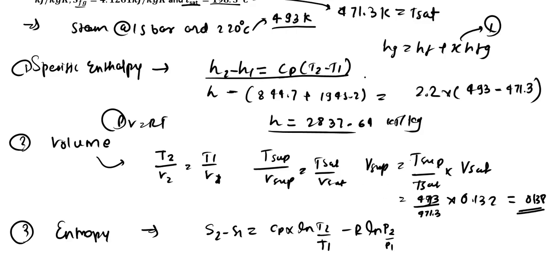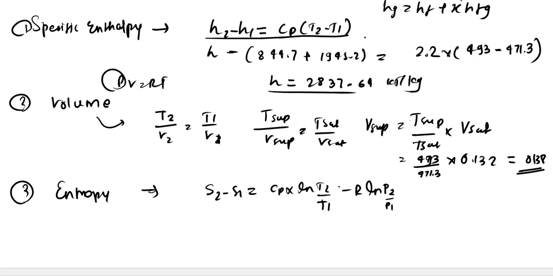The first term represents the constant pressure term, and the second term represents the change in pressure if it happens. If the pressure is constant, this term just becomes zero, so you can ignore it, and the only thing that remains is S2 minus S1 is Cp into ln T2 by T1.